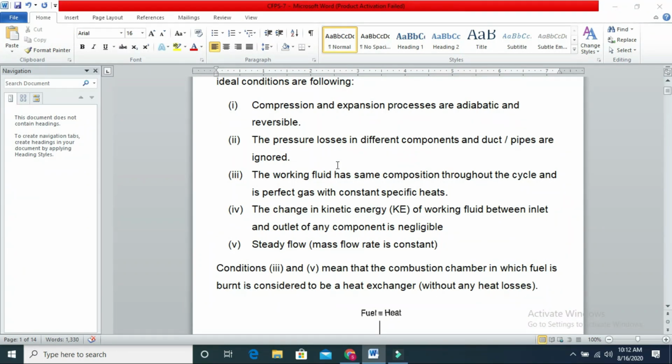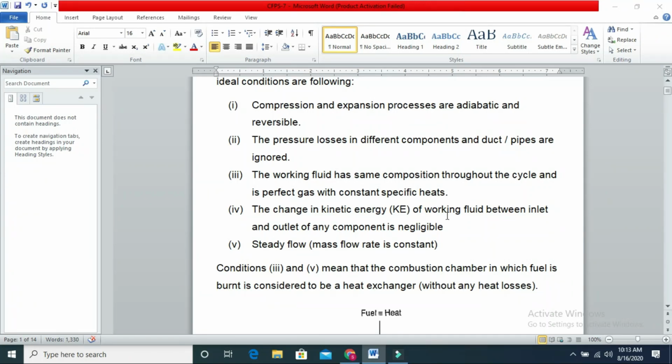It is not simply air, and the specific heat is changed, but we ignore the changes in specific heat in the ideal cycle, and we ignore the mass flow rate changes. So we assume that the fluid is only air in the entire cycle in all the processes.